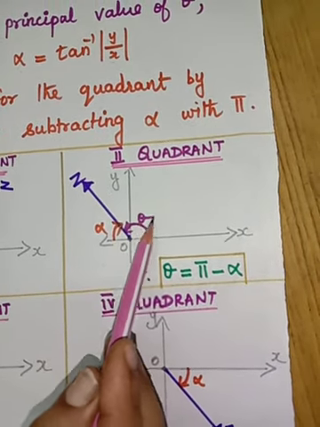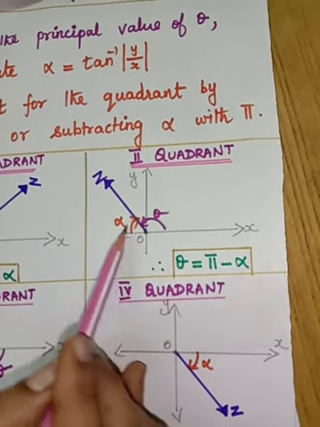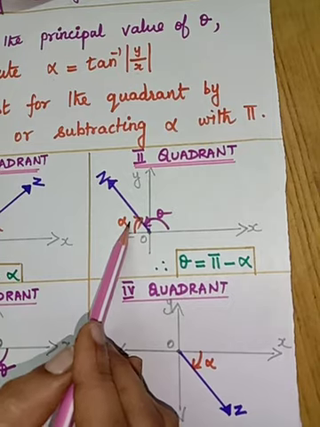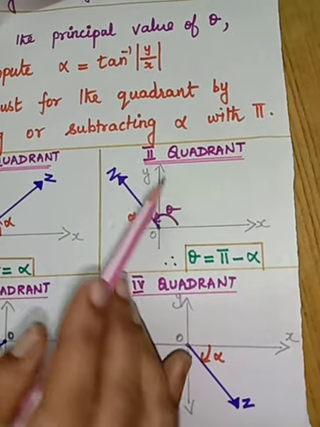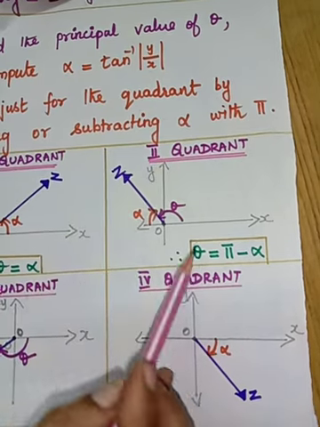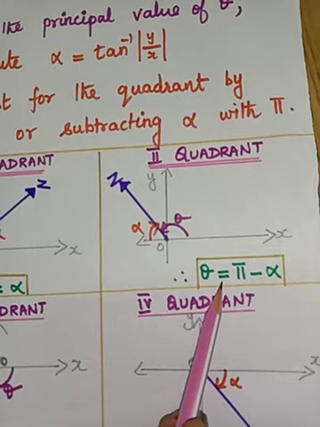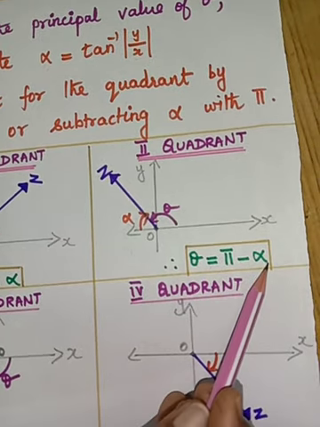Now you have to find theta. The whole thing is nothing but pi, so from that pi, if you subtract alpha, you will get theta. So if your complex number lies in the second quadrant, the principal value of theta can be written as pi minus alpha.